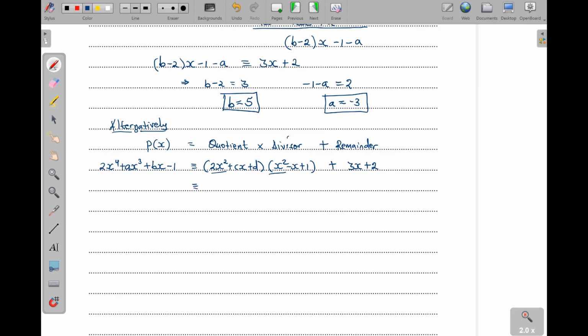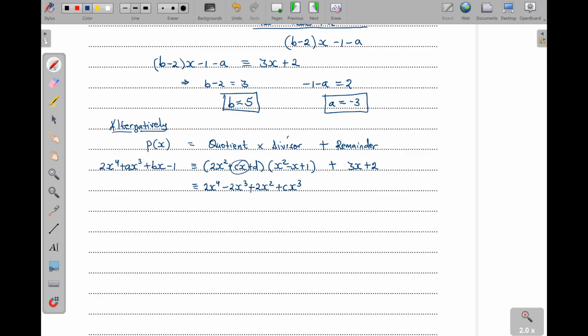So this times this, we shall get 2x power 4. Then 2x squared times minus x, that will be minus 2x power 3. And then this one here times 1, that one will give us 2x squared. Then cx times x squared, that one will give us cx cubed.